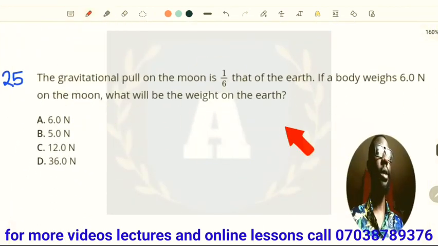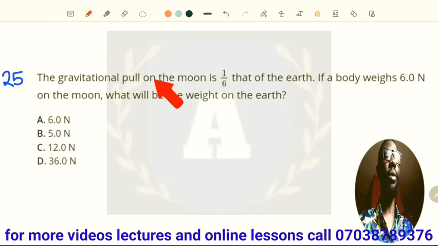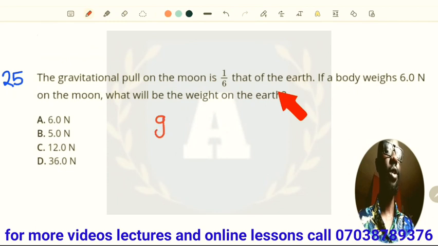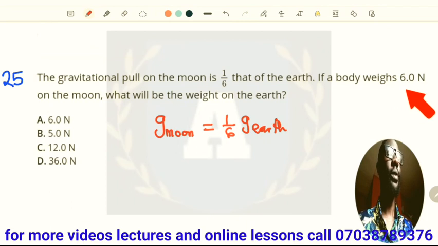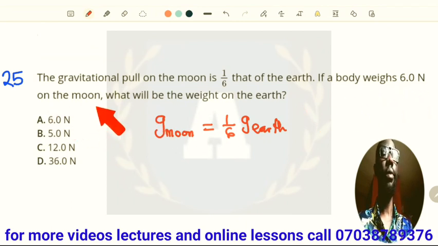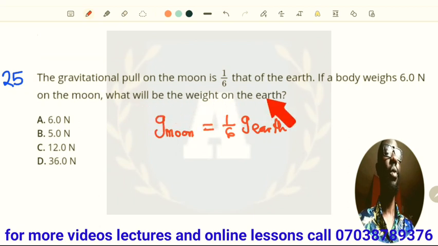And what does it say? Gravitational pull on the moon is 1/6 that of the earth. So G moon is 1/6 that of the earth. If a body weighs 6 Newton on the moon, what will be the weight on the earth?